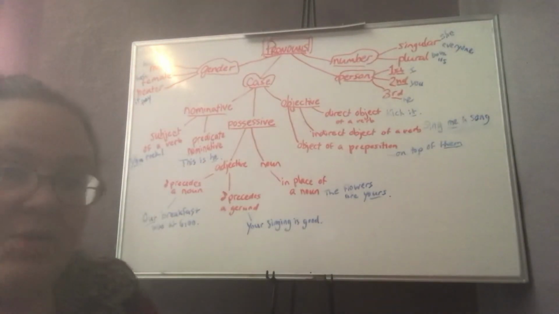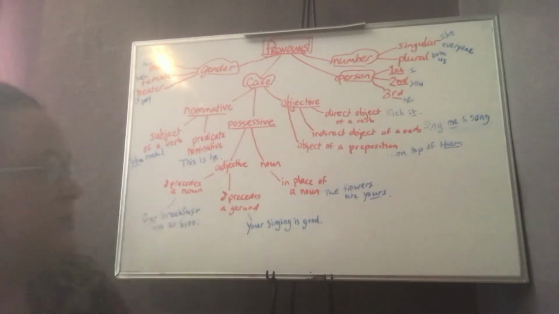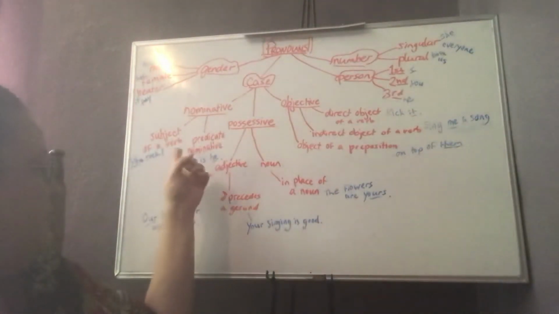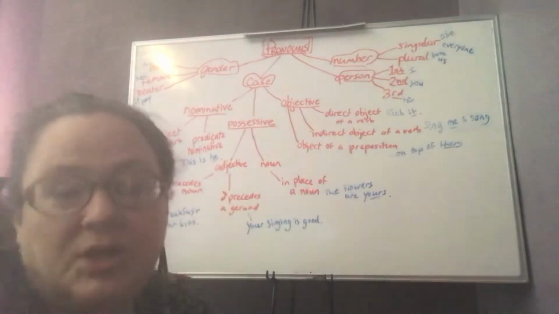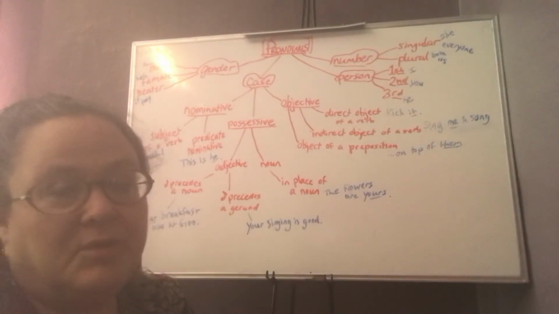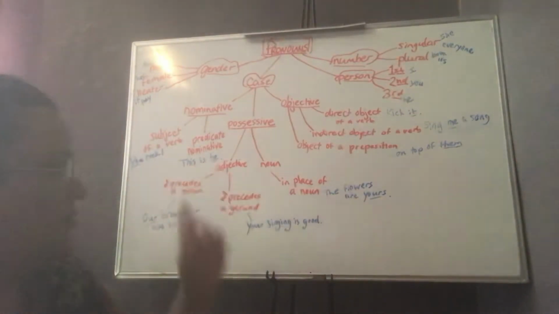But we're talking about forms, okay? So whenever I use the word, for example, he, it either has to be the subject of a verb or a predicate nominative. This is he. I know it sounds a little strange to some of you to use the nominative form like that, but this is actually the correct way to do it.